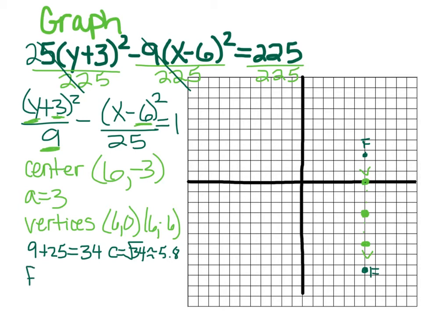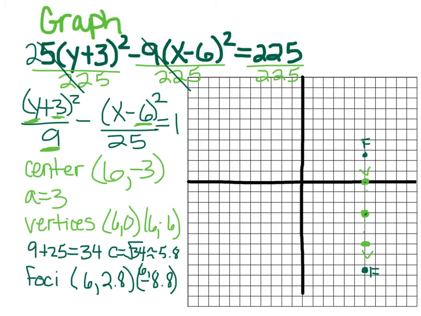And the ordered pairs of our foci are 6, and then if I took negative 3 and added 5.8, I'd have 2.8. And if I take negative 3 and subtract 5.8, I have negative 8.8. So 6 comma negative 8.8.